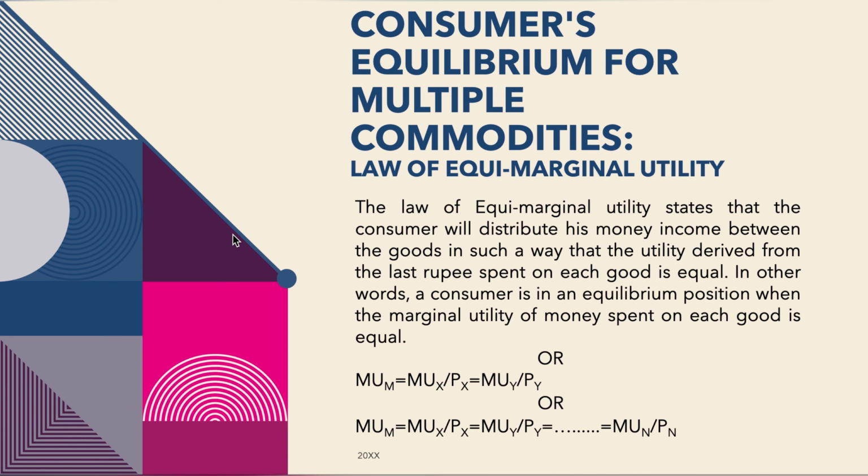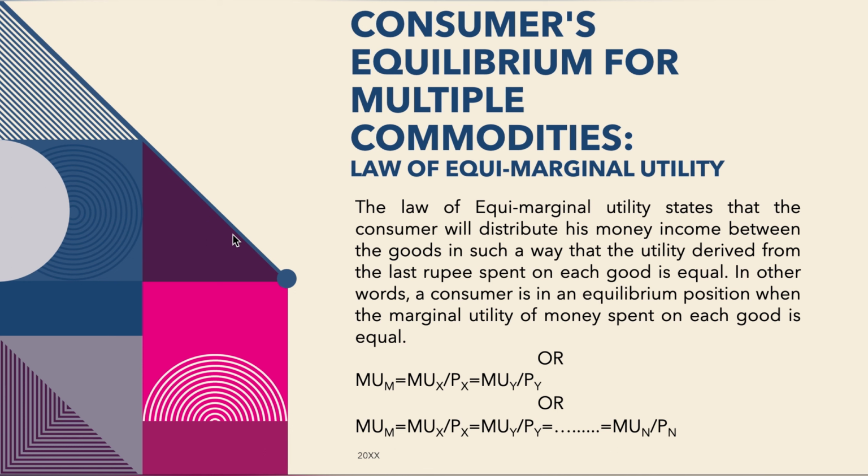Now, when the consumer will spend last amount of money on each of these commodities, then his marginal utility that he derives from these commodities must be equal to the last amount of money that he spends on the good. So that is how the consumer reaches his equilibrium in the case of multiple commodities.